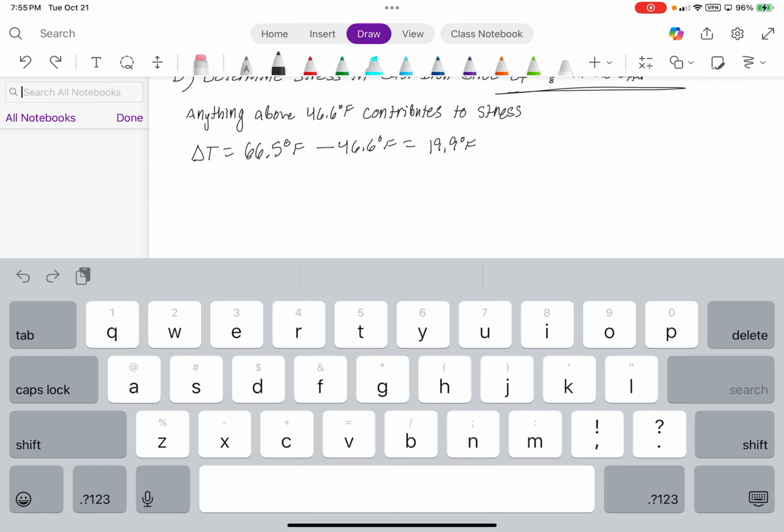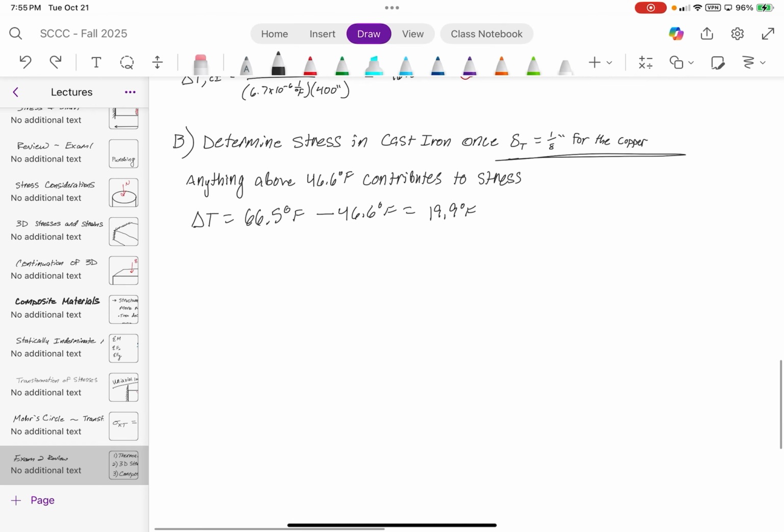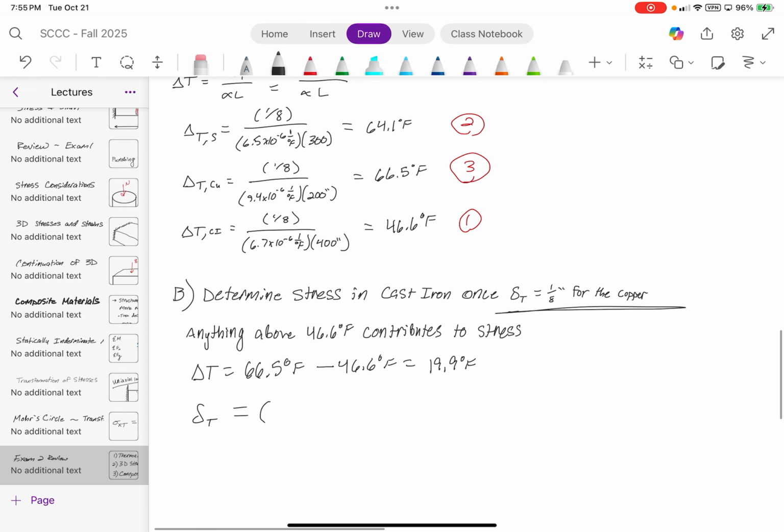Does that make sense? So, from here, you would calculate the change in length of the cast iron for that temperature increase, which would just be 6.7 times 10 to the negative 6, 1 over degrees Fahrenheit, times the 400 inches, times the 19.9 degrees Fahrenheit.